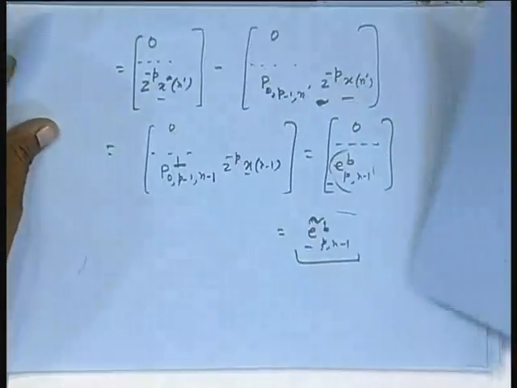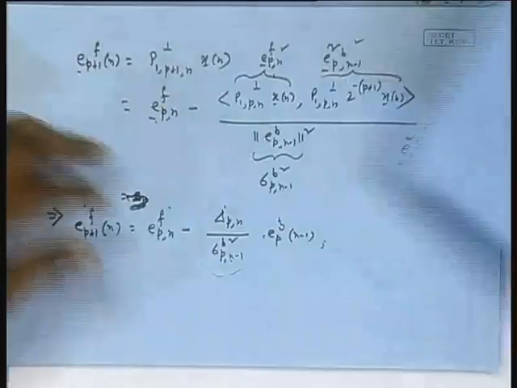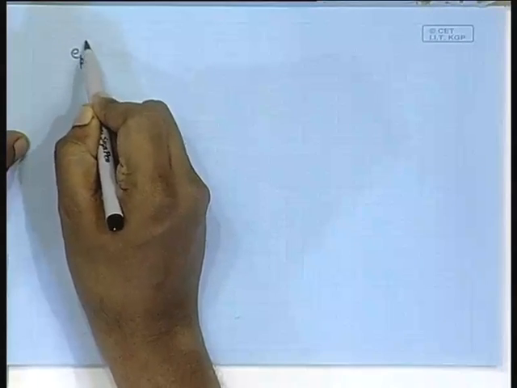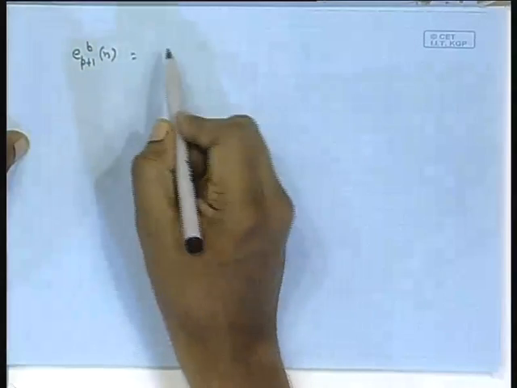Now comes the backward prediction part. This you have to find out, and this is equal to what?